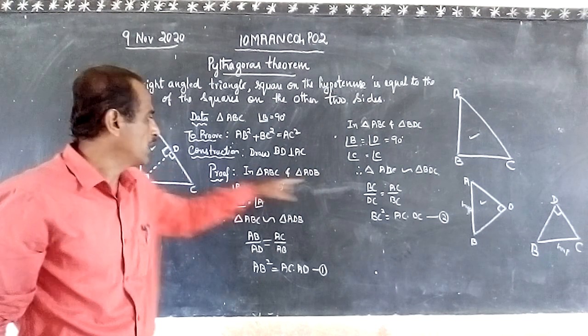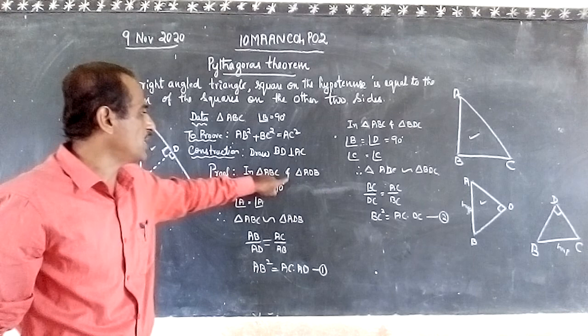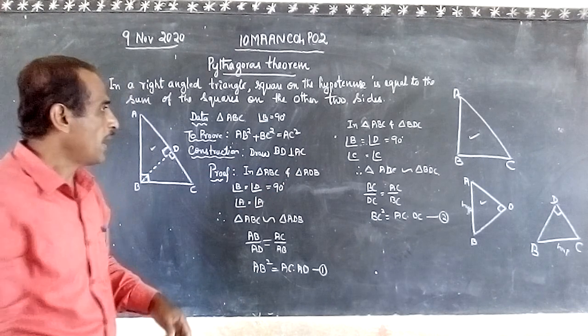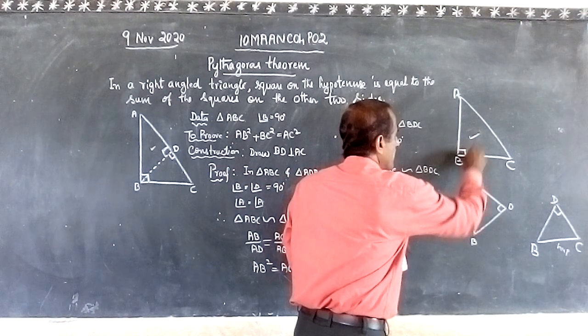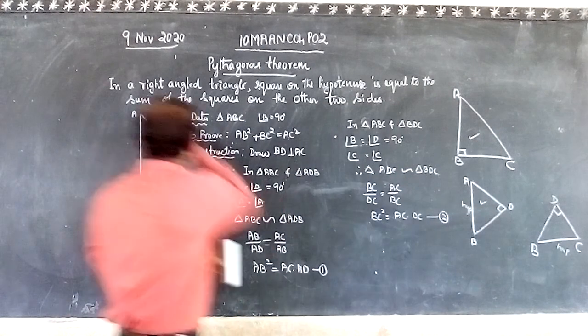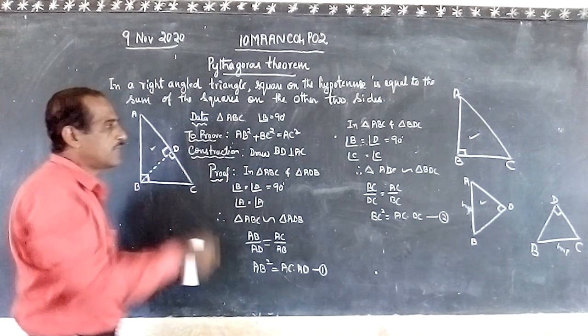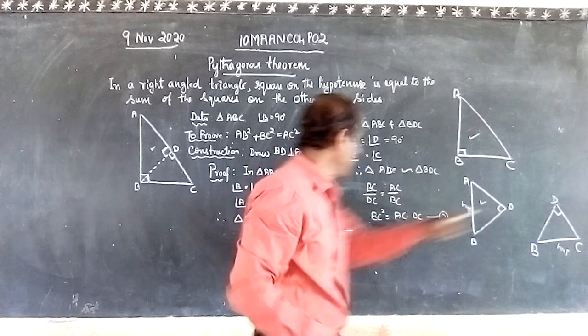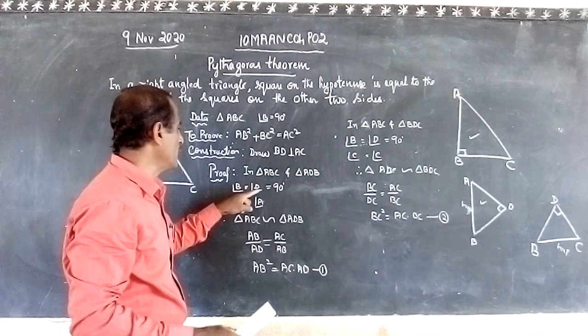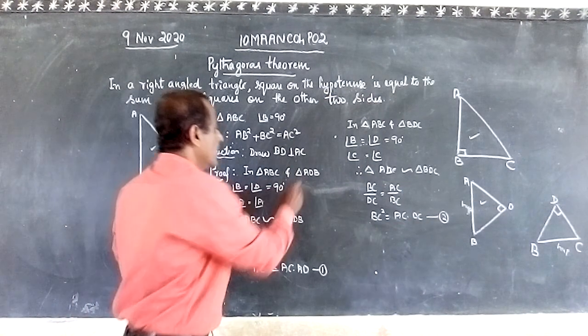If you compare triangle ABC and triangle ADB, angle B is equal to angle D. Is it? Compare this original triangle and this part. Angle B is equal to angle D is equal to 90 degrees.